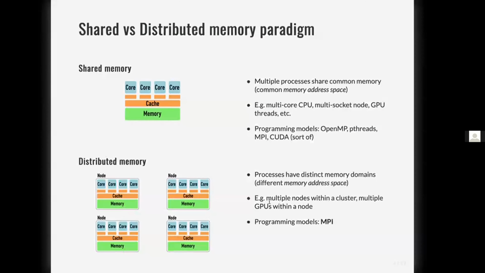Examples of this distributed memory paradigm would be, as we said, multiple nodes within a cluster, which is drawn here, or maybe multiple GPUs within a node, which have their own memory address. And basically, the way to program these efficiently, the communication between these memories, is MPI, which we're going to learn.